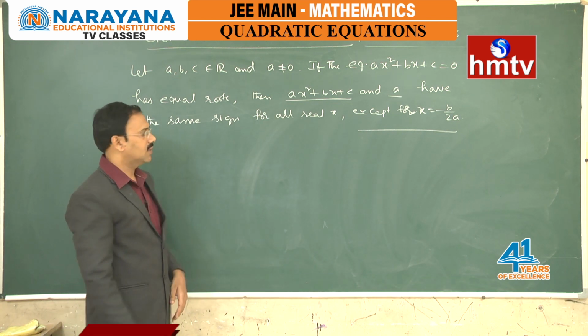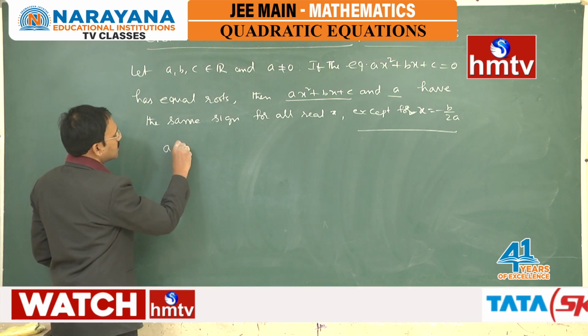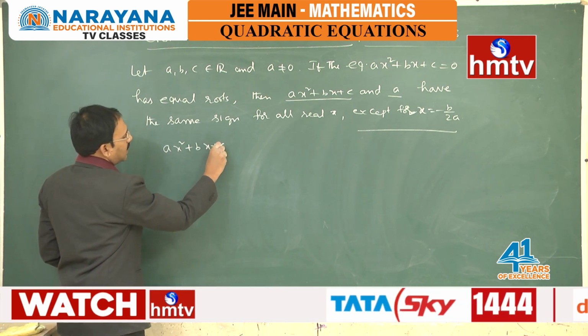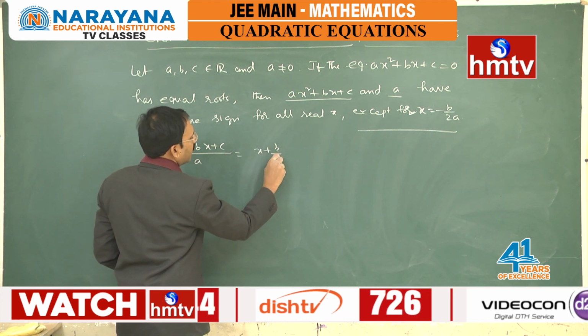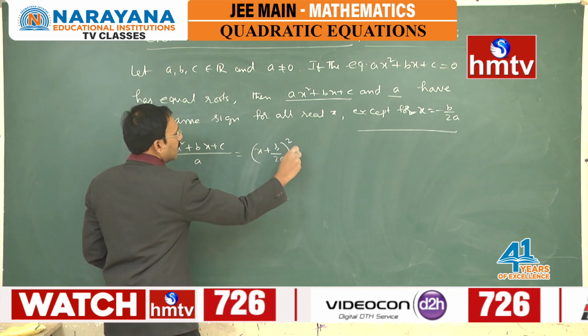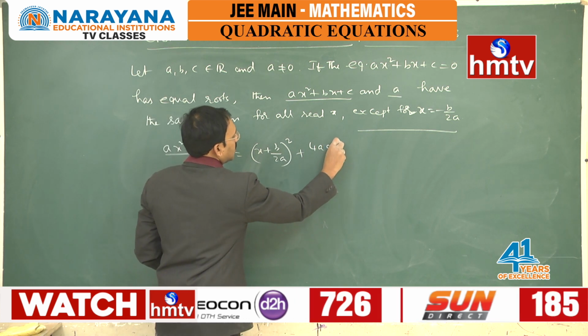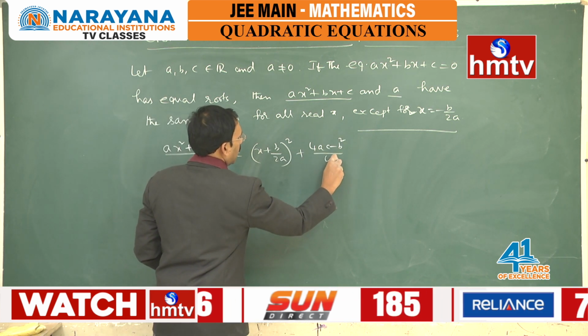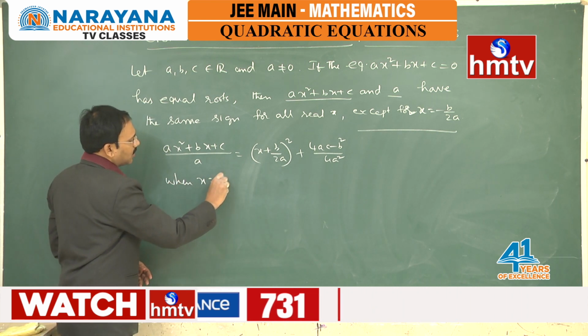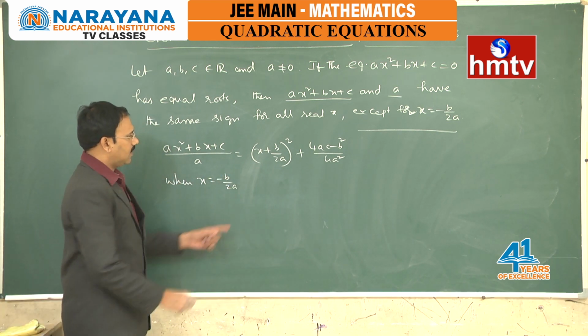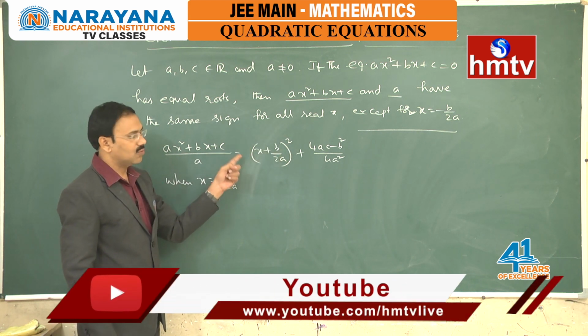Let us prove it. Consider ax square plus bx plus c by a. We know that it is x plus b by 2a whole square plus 4ac minus b square by 4a square. When x is equal to minus b by 2a, the square term will be 0.